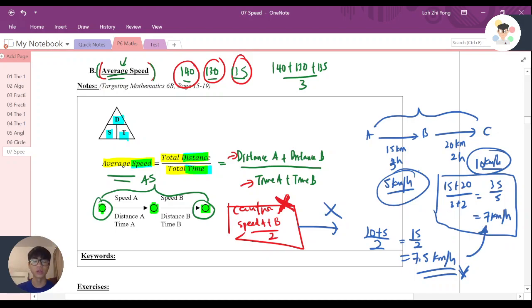So please do not add them together and divide by 2. Although the question gives you these two, you are not supposed to do it. You'll probably see questions giving you 2 speeds and trying to trick you into doing that, and it is really wrong.